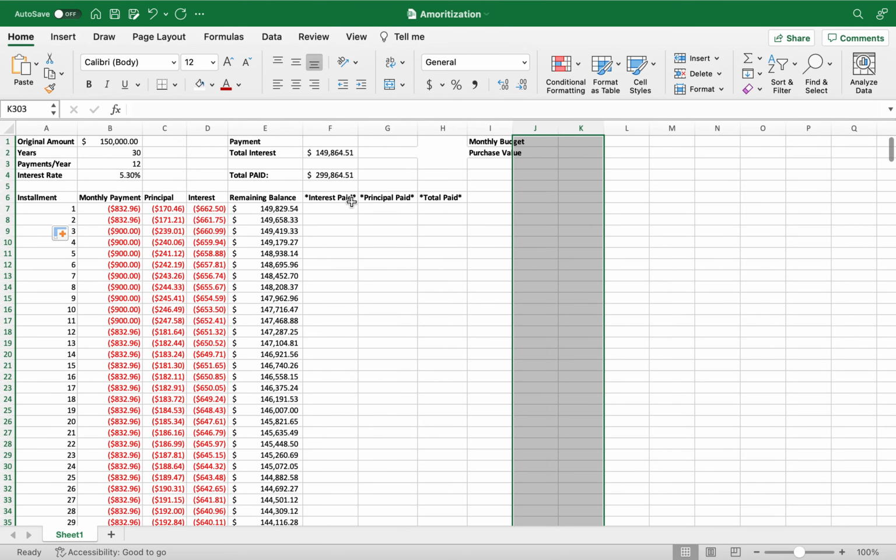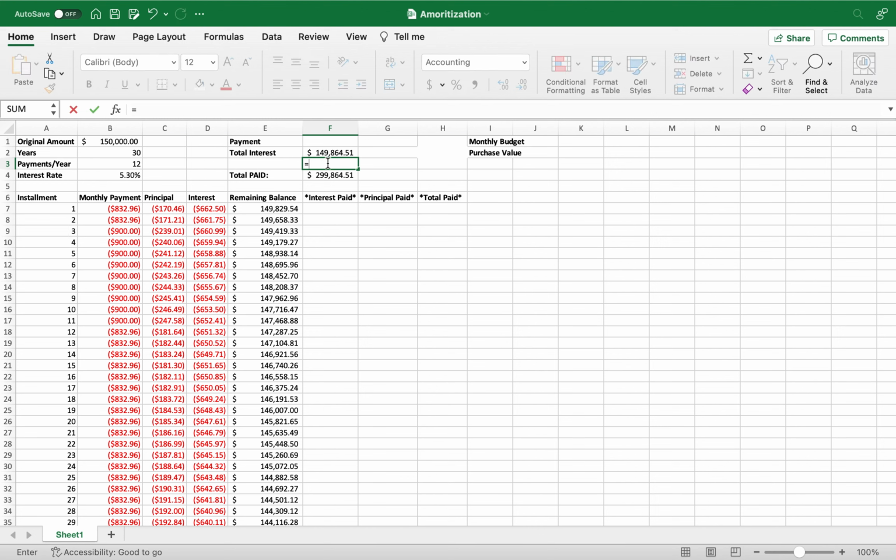Okay. So there's another way that we can tabulate the total interest that we are going to pay. You can just do a quick sum of your interest from here to, I can't remember what it is, 310, I think. And there's our total interest.